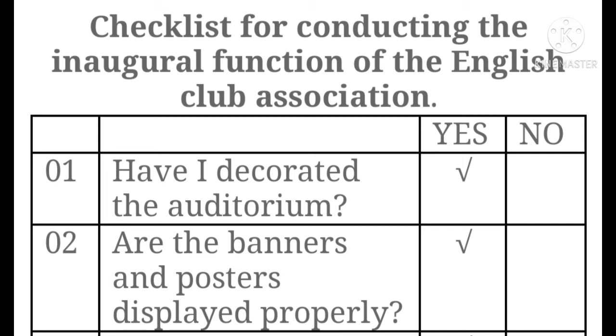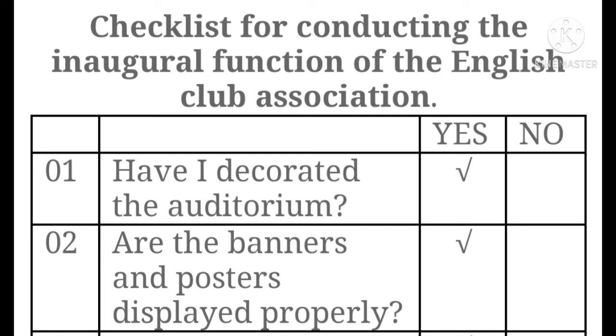So now look at the table there. This is the format. This is how you should arrange writing the checklist. First of all, ensure that you start with an auxiliary verb. As I told you previously, look at the first sentence. I have started with have and the second one are.